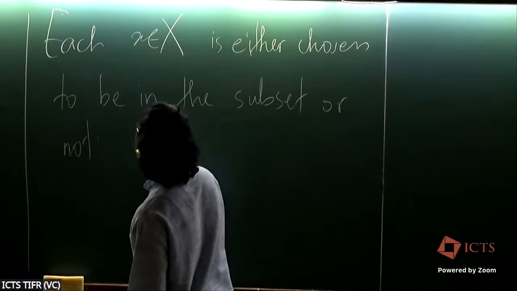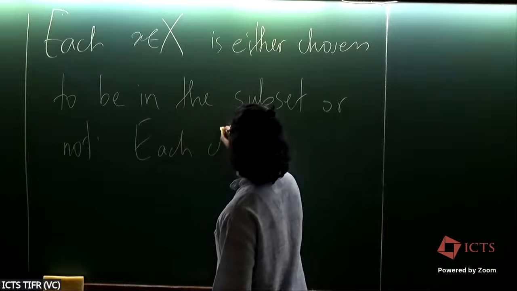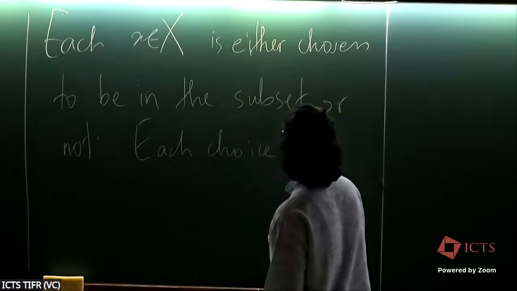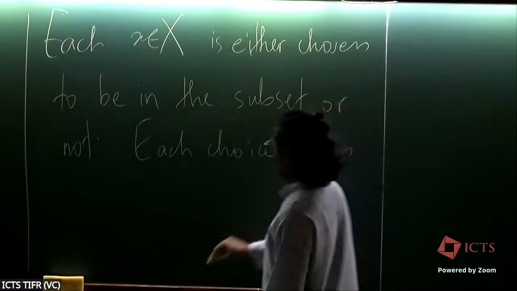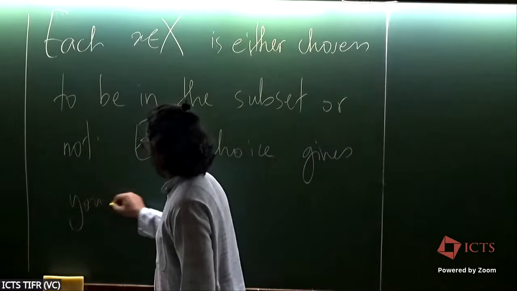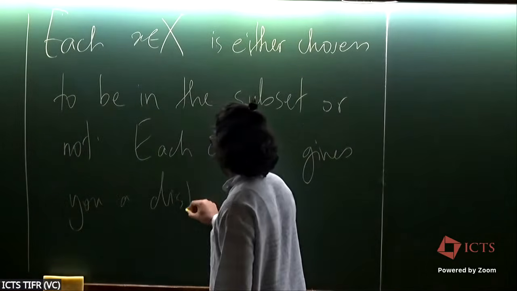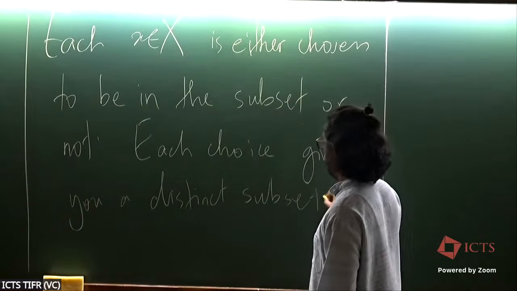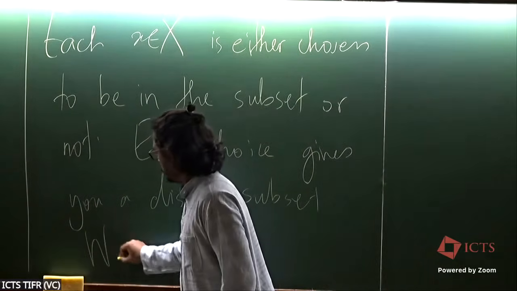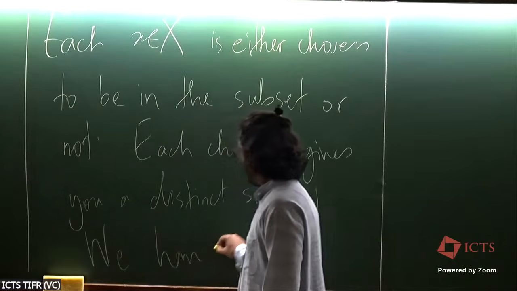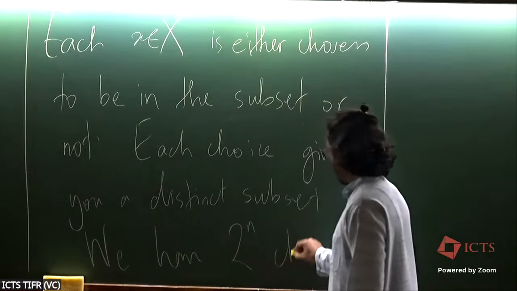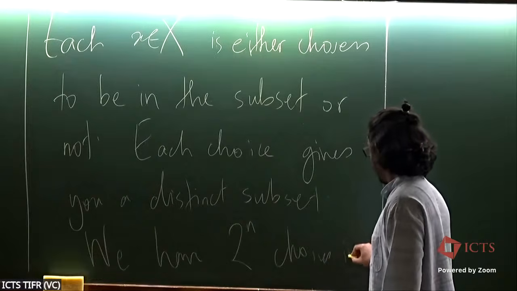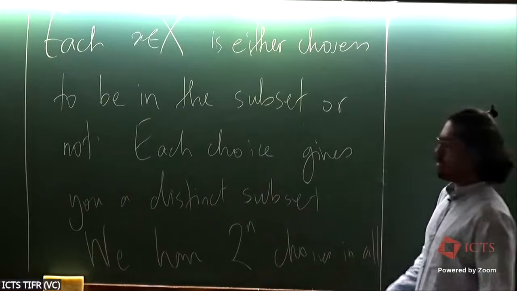Each choice gives you a distinct subset. And we have 2 to the n choices in all.